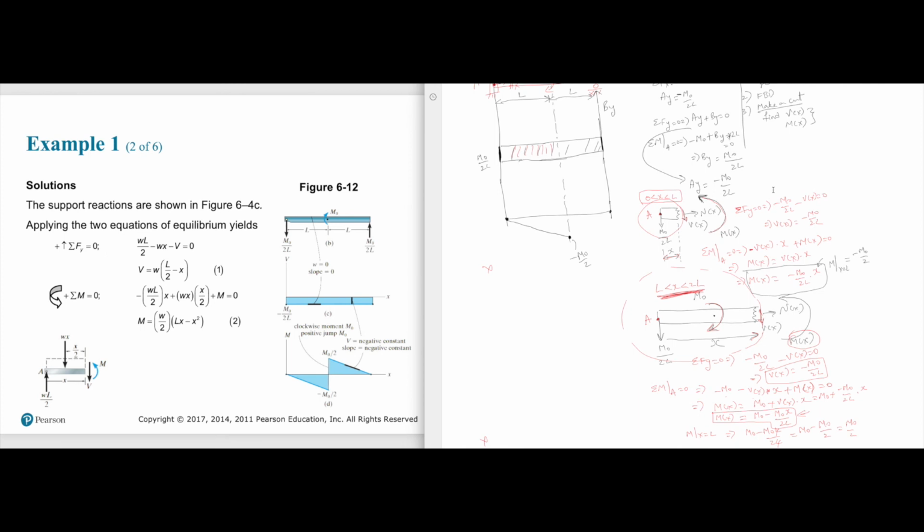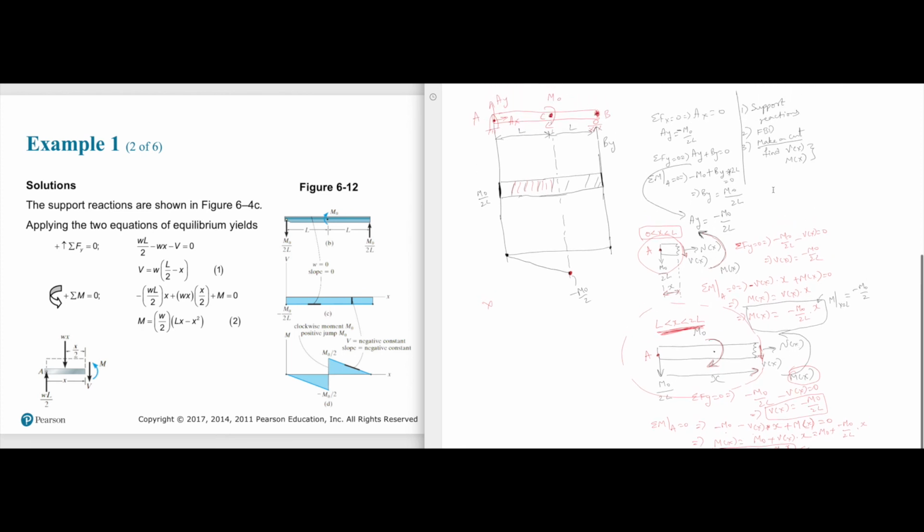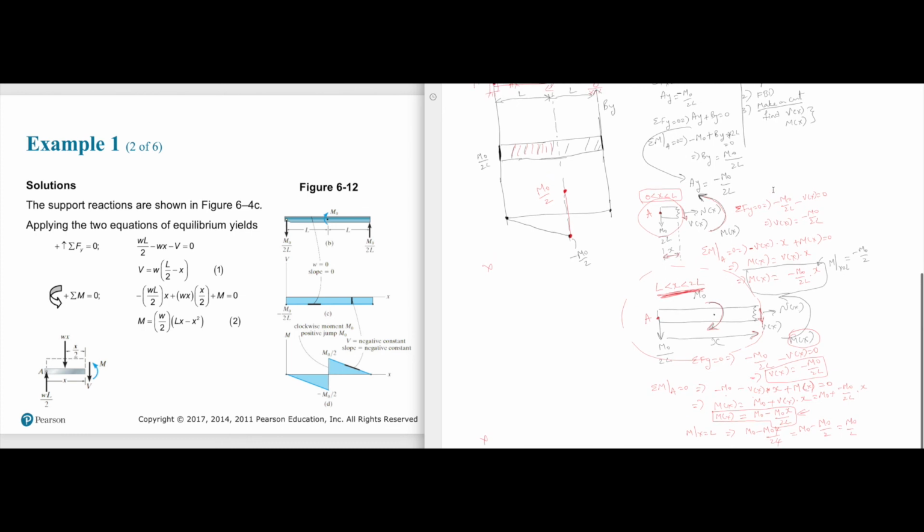So that is the moment at x equal to L. So that means in the bending moment diagram, at C, you have to go up positive M naught over 2, because that's what you got from here, that at x equal to L, it's M naught over 2, right?